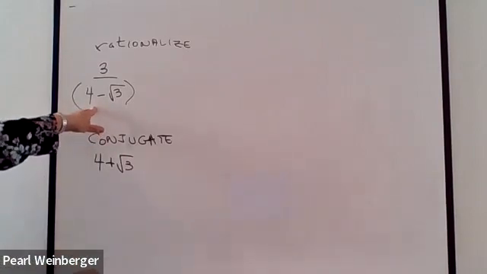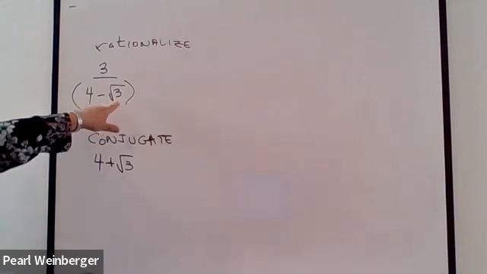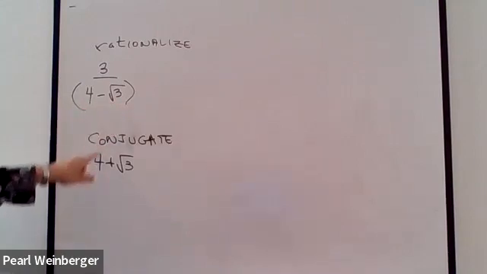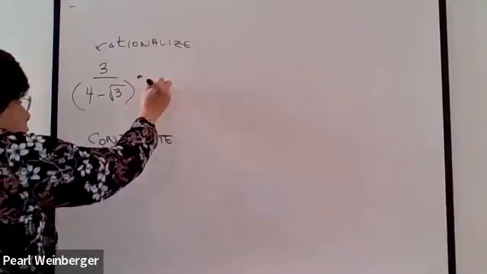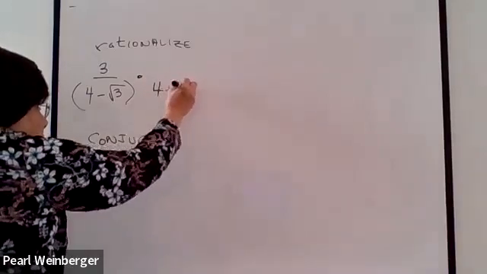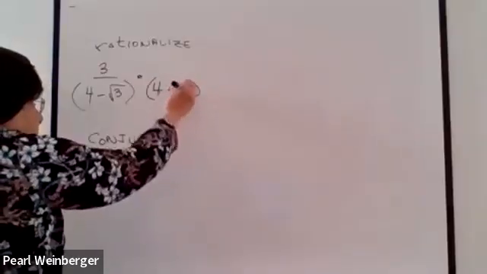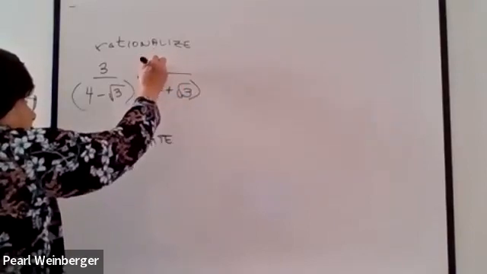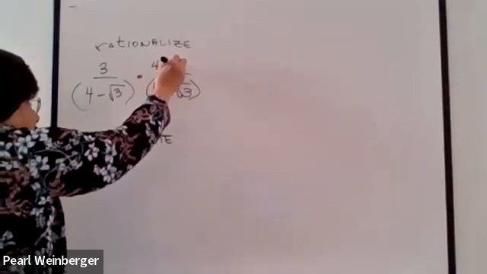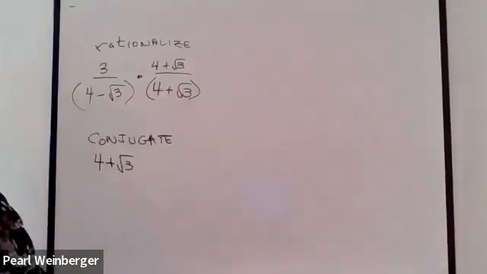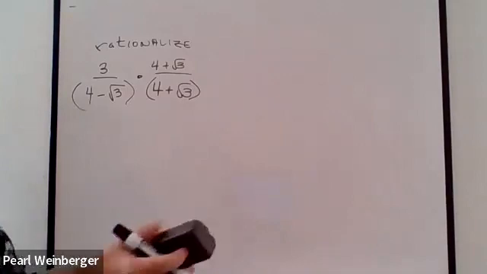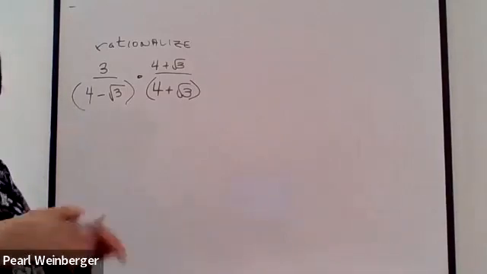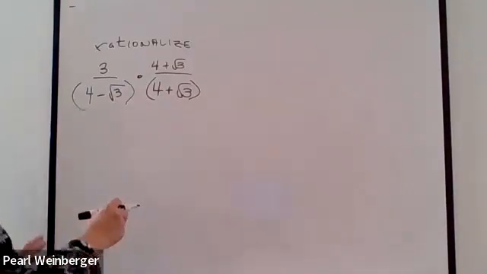So anytime I see that my denominator is a binomial with a radical, I multiply by the conjugate, which means I'm going to multiply by 4 plus radical 3. And I'm always going to do the bottom first. I like to do the bottom first because I want to see that my radicals actually disappear.